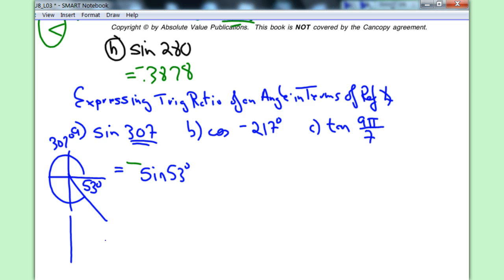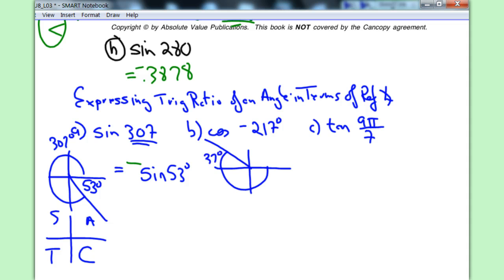And we are using our CAST rule, or add sugar to coffee, right? So the cosine of minus 217, minus 217 is into quadrant 2, and it has a reference angle of, well, 180. So that's going to be a total of 37 degrees into that quadrant. So cosine's not positive there, so this is going to be minus cosine of 37 degrees. And reference angles are never negative, okay?